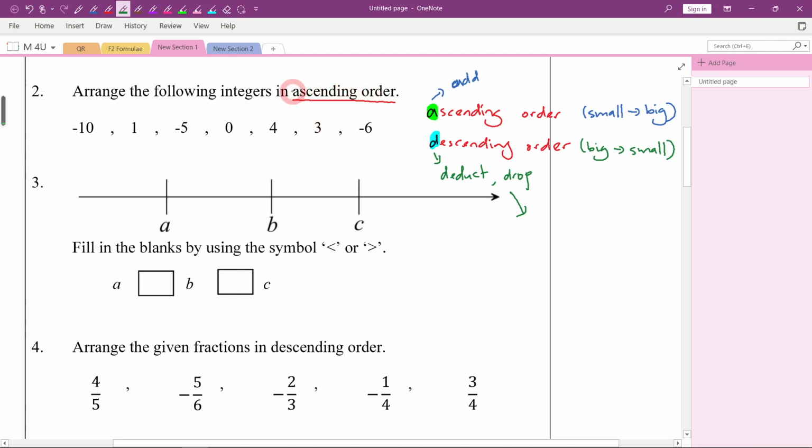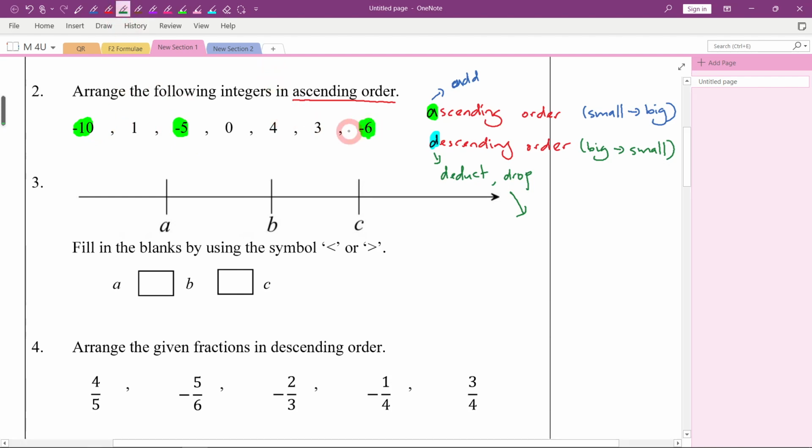A, add, become larger and larger, from small to big. So now we focus on negative number first, because when you compare negative and positive, the negative number will always be smaller compared with the positive number. Since we want to start from the smallest one, we focus on negative number first.